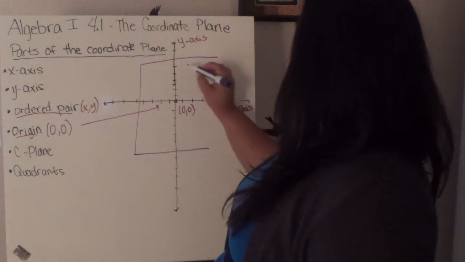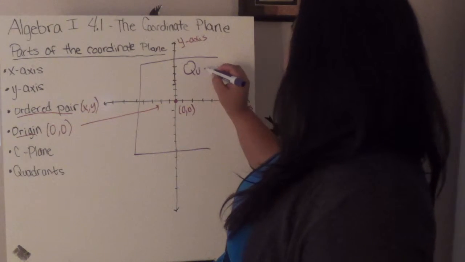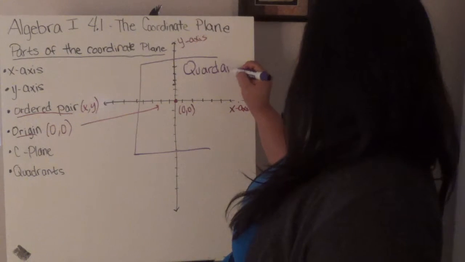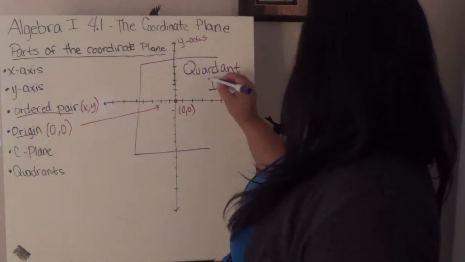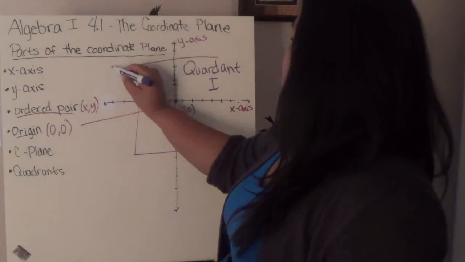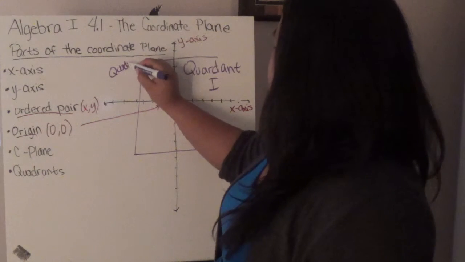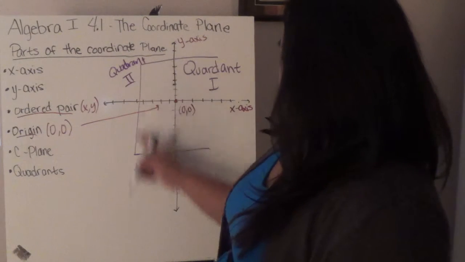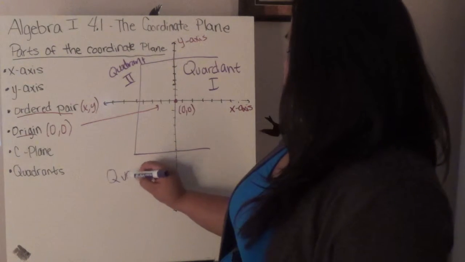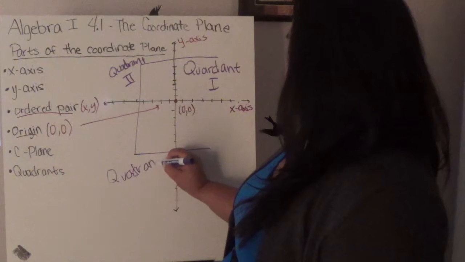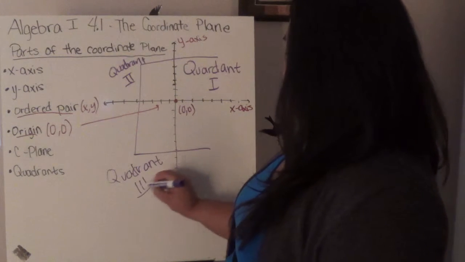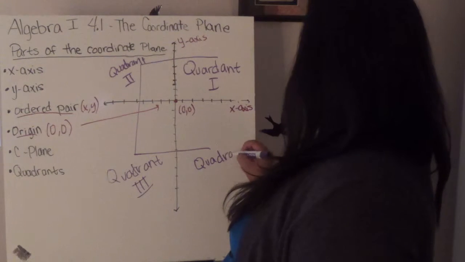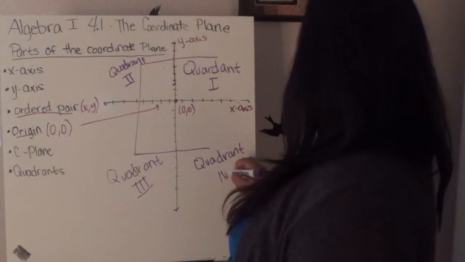So starting from here, this is quadrant 1, and then it goes here, quadrant 2, and just like a C down here, quadrant 3, and then the last one is quadrant 4.